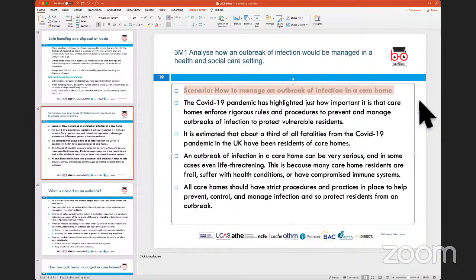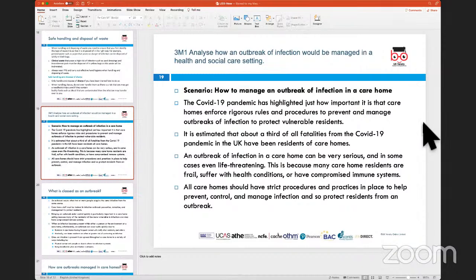The proper spreading and controlling of the infection, and the measures which were required to be put in place, did not happen on time, and that is where it led to a lot of fatalities in the UK in particular.